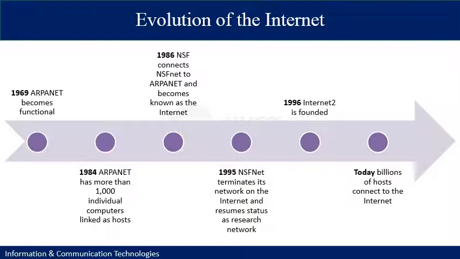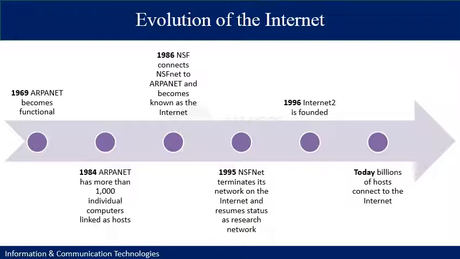After these slow improvements, the internet was made available to common people in 1986. In 1986, NSF connected a new network to ARPANET and it became known as the internet we know today. A decade later, in 1995, the same organization terminated its network on the internet and resumed its status as a research network.